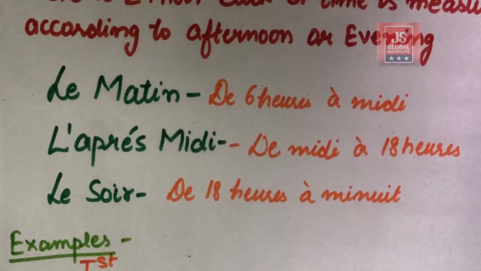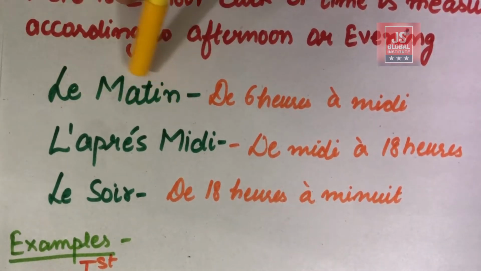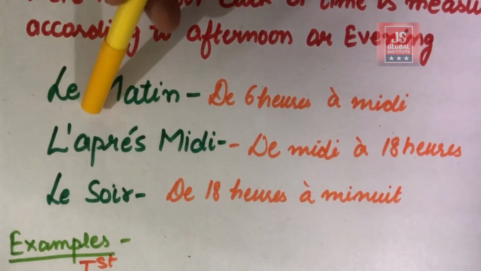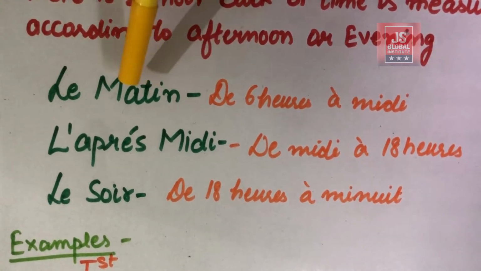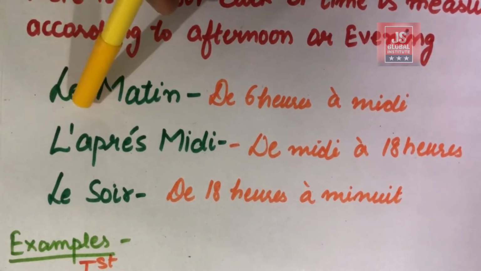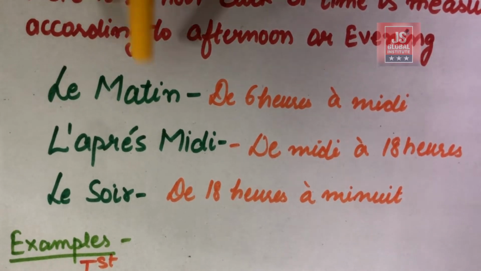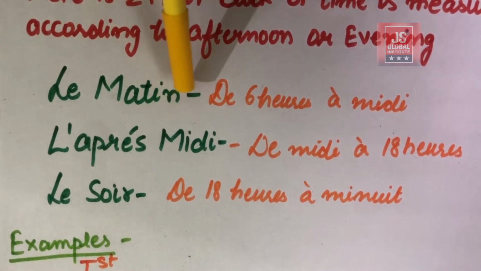So first of all, it is matin, that is morning. What is morning called in French? It is called le matin. Le matin. Alright, so this le represents the, and matin represents morning.